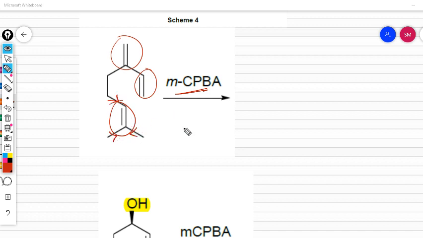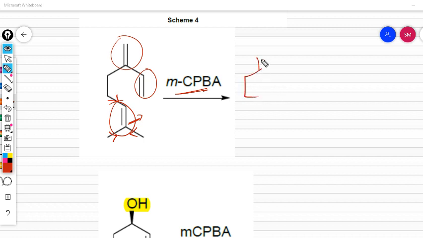If you want to solve the problem on your own, just pause the video and solve it, then see what the product could be, whether you are capable of depicting the proper product or not. Here the more substituted double bond will undergo epoxide formation.